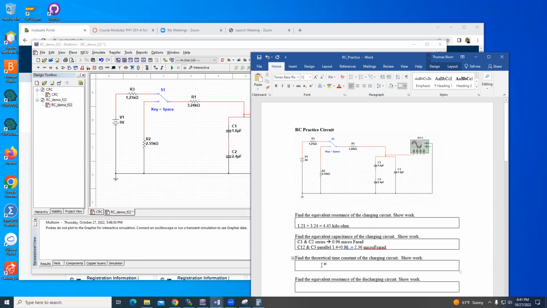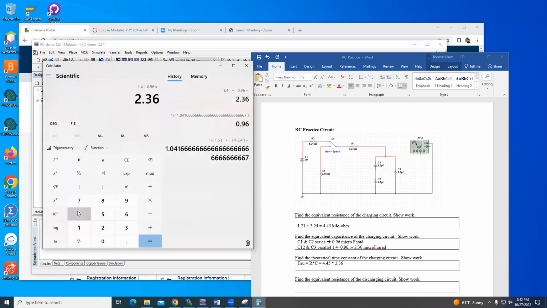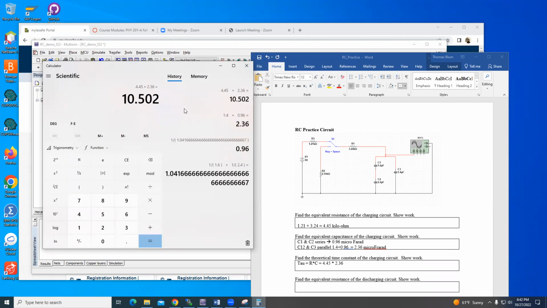All right, then the time constant, tau, is R times C. And so 4.45 times 2.36 is equal to 10.5. And that is in milliseconds.